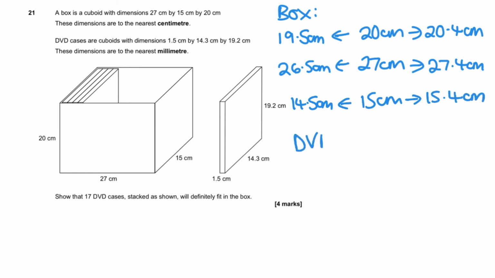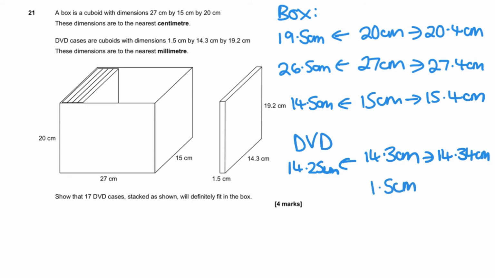So for the DVD box, 14.3 centimetres has been rounded to the nearest millimetre, so the smallest it could be is 14.25 centimetres. The largest it could be is 14.34 centimetres. The 1.5 centimetre length has been rounded to the nearest millimetre, so the smallest it could be is 1.45 centimetres.